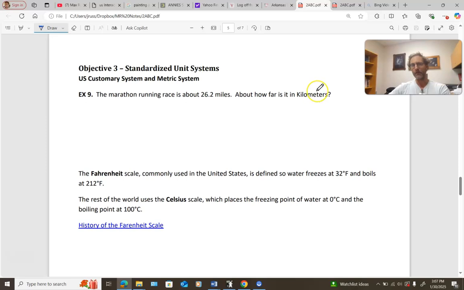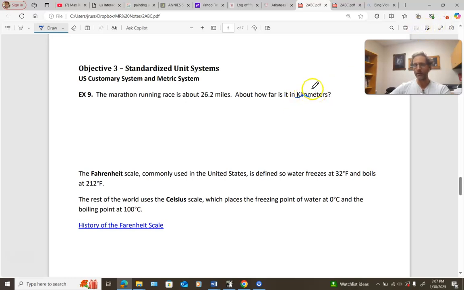You can have, let's see, I'm not sure what it would be for 100 meters. And then you could have a kilometer. So this prefix right here, kilo, refers to 1,000. So a kilometer is 1,000 meters.